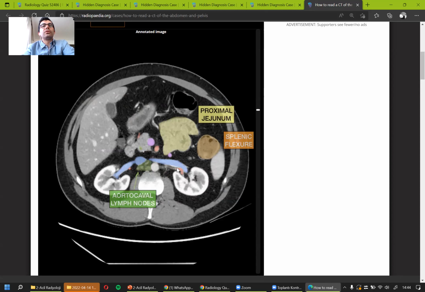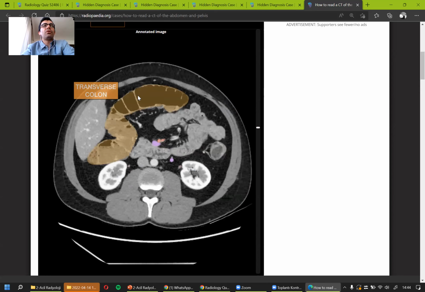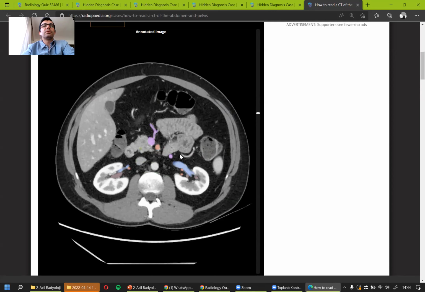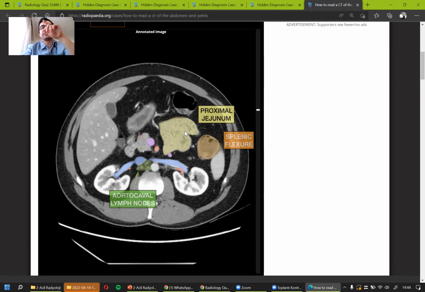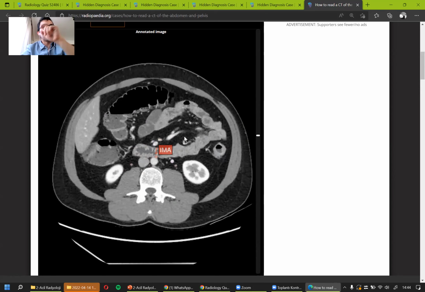We can see the other solid organs like the liver. I started seeing the small intestines, and I've started seeing the colon, right? The colon has haustra. The small bowels have much smaller folds.